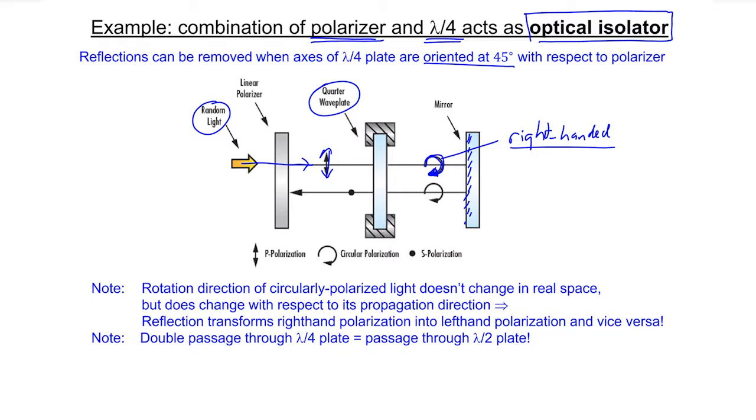But for light, if you talk about the handedness of light, you mean the handedness of light with respect to its direction of propagation. And when light reflects, the direction of propagation inverts. And hence, what used to be right-handed polarized light and still oscillates in the same way in real space has now become left-handed polarized light.